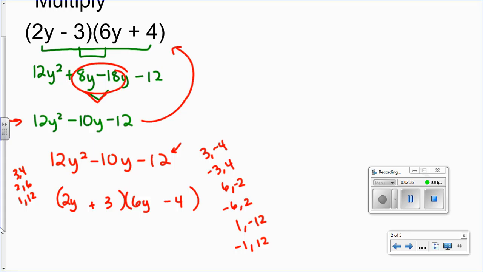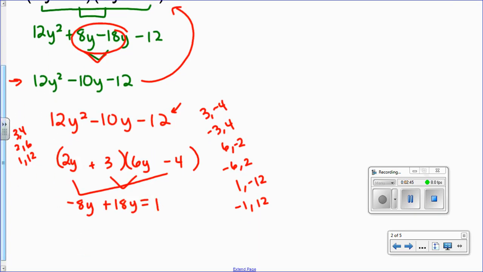My outer here would be negative 8y. The inner would be plus 18y. I add those together and I get positive 10y. I need negative 10y. So I'm close, I'm just not quite there.